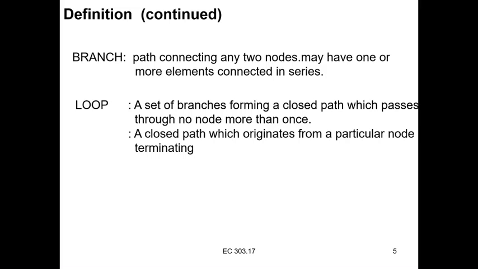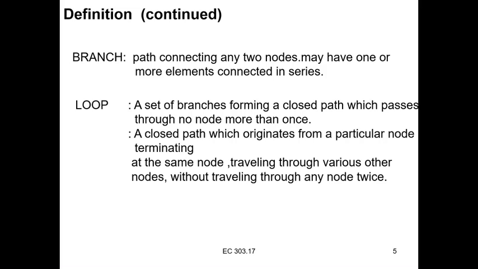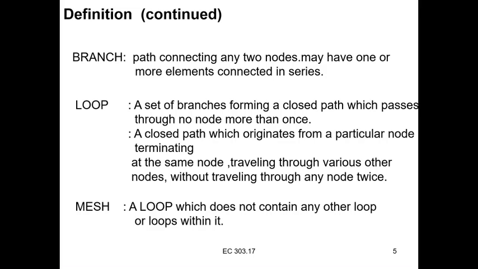That is called a loop. Again I am repeating. It is the closed path which originates from a particular node and terminates at the same node, traveling through various other nodes without traveling through any node twice. Mesh: a loop which does not contain any other loop or loops within it is called a mesh.